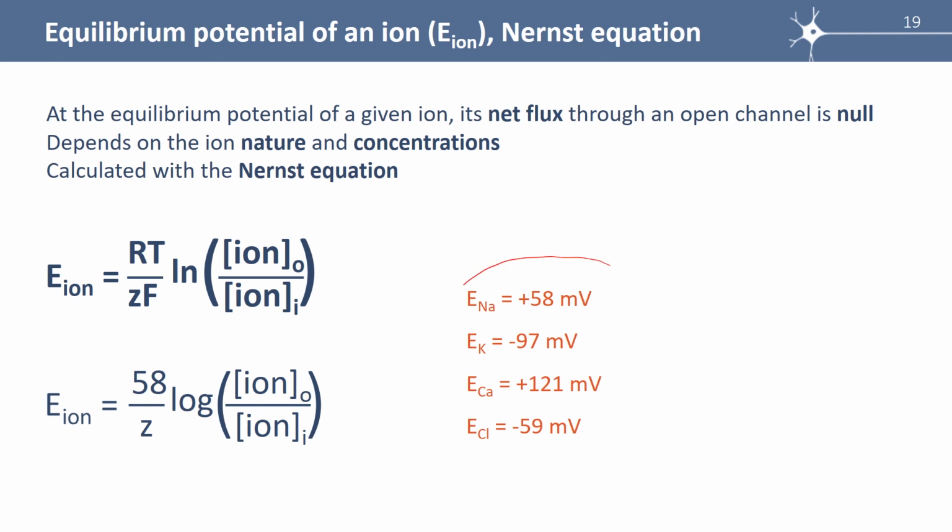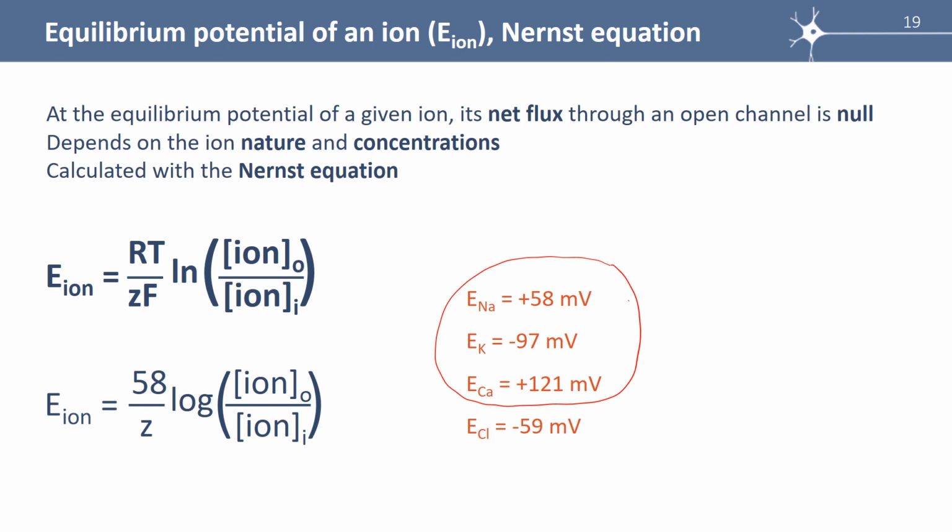Here, the three top potentials are never seen in reality in neurons. The membrane potential never goes up to plus 58, never goes down to minus 97 millivolts, and of course never goes up to plus 121 millivolts. So it means that these ions never change directions.